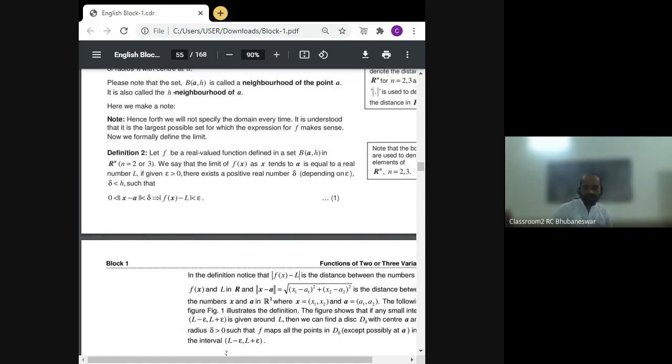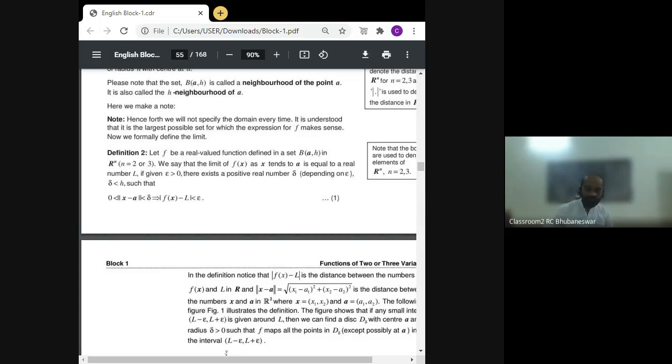So now we are going to discuss a small example of how we can calculate the limit of a function when we have a two variable or three variable function. Before I discuss the calculation procedure, let us see the geometrical meaning of this limiting calculation procedure.